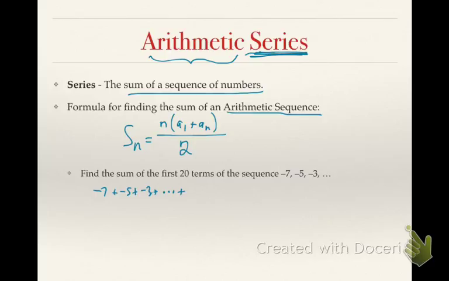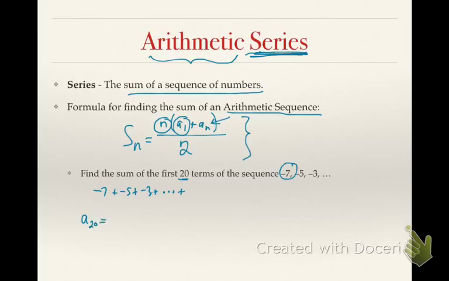So sometimes you have to work the sequence formula to find out the last term. Because in this form, in order to find the series, I have to know the number of terms, which I know is 20 in this case. The first term I know is -7, but I need to know the last term in the arithmetic sequence. So I have to actually find the 20th term.